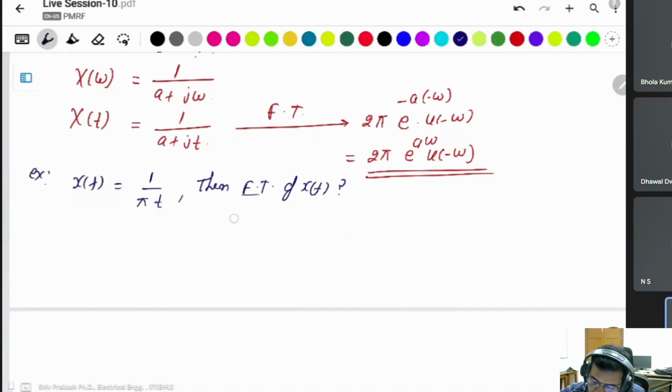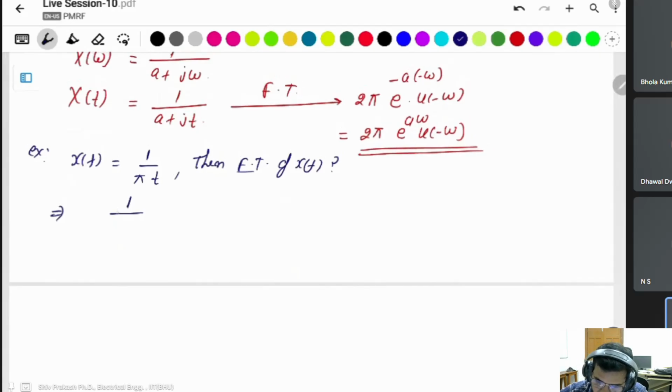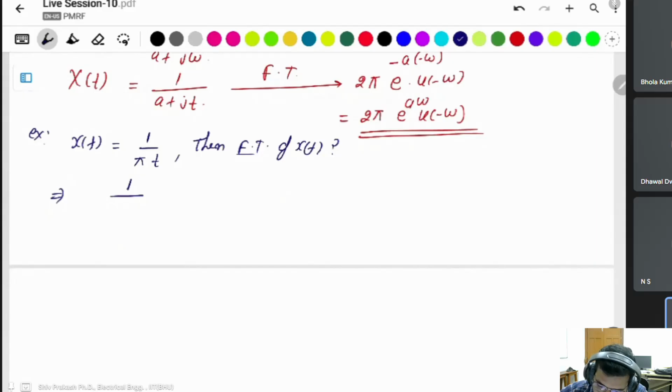That's why you have to use the property in this case. First of all, replace t by ω simply: 1/(πω).